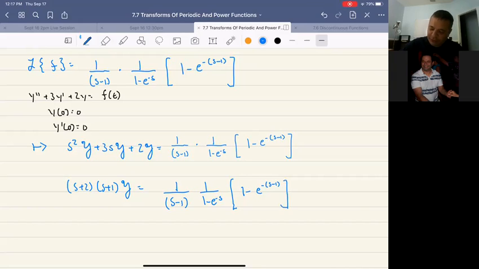This factor, remember, is a periodic factor of 1, so it's going to shift your answers as well.